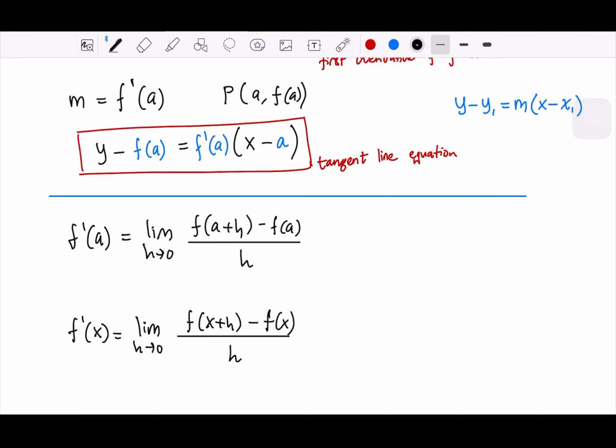So we can say this is a derivative as a function.